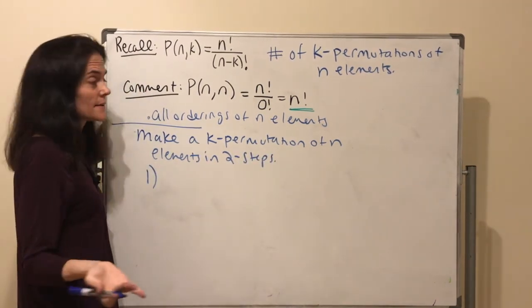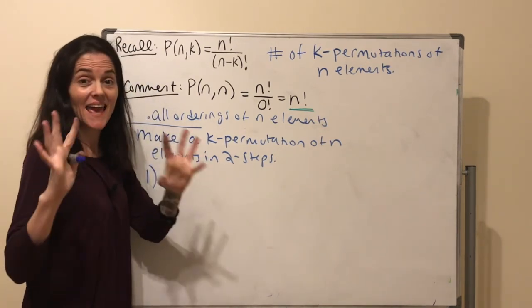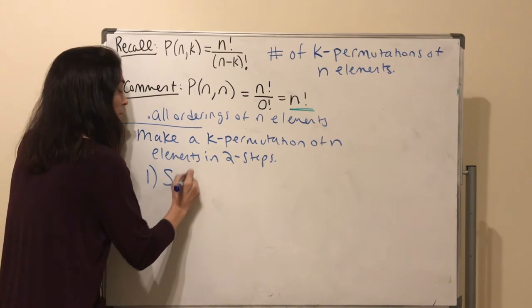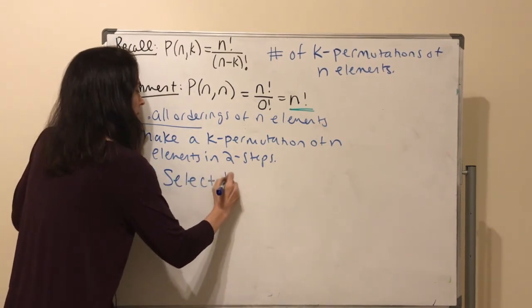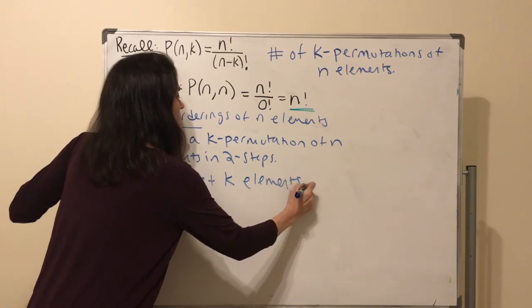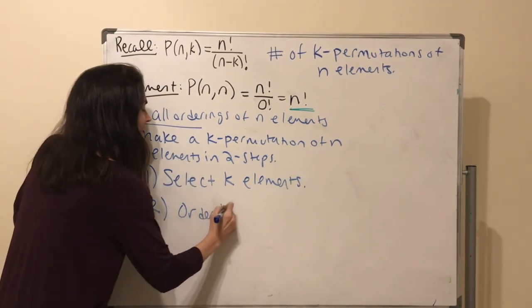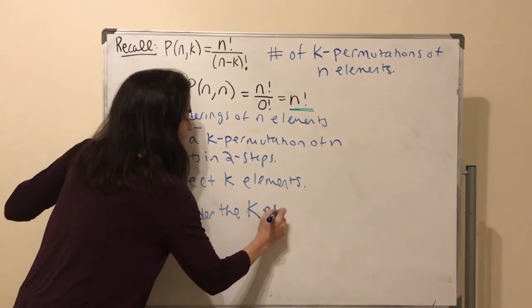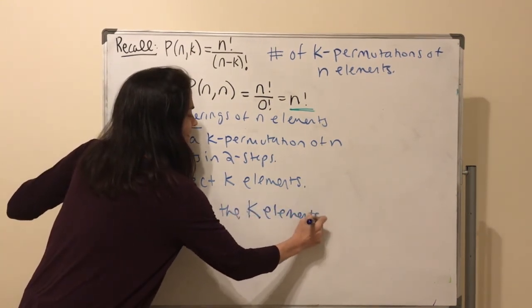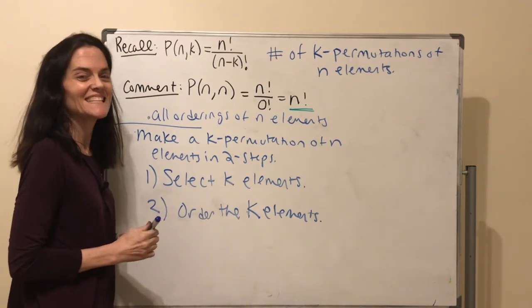Step 1. Well, we have n elements, and we can just select k of them that we want to use in our permutation. And step 2, let's order the k elements. This will give us a k permutation.